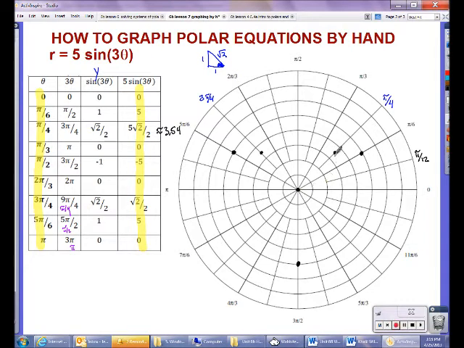So I'm going to just let you know that there's going to be some symmetry here. If I had graphed at pi over 12, it would have been here. If I had graphed at, let's see, that's going to be 1, 2, 3, 4, 5 pi over 12, I would have gotten negative 5 root 2 over 2, which would have been 1, 2, 3.5 here. 7 pi over 2 would have been also negative.